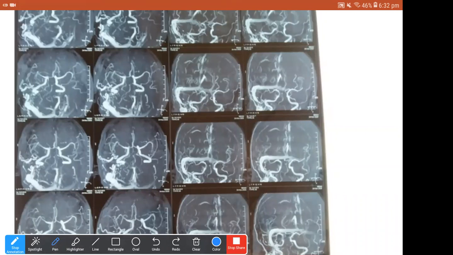Here you can see that compared to the left, this is the right side. Compared to the left side, there is a change here. The blue mark is suggestive of some changes compared to the left side. This is suggestive of ischemic changes that may be there due to vascular change.